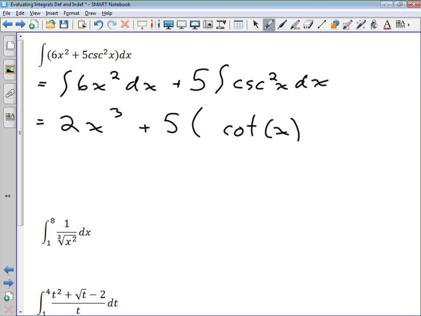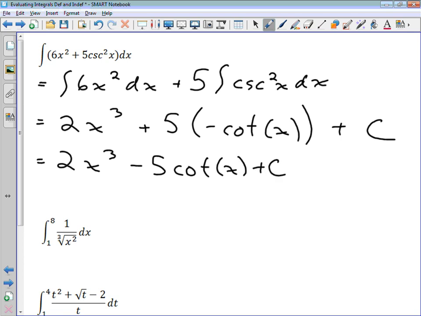Because the derivative of cotangent is going to be negative cosecant squared, we need a negative sign out front to change it. And because this is an indefinite integral, we need our integration constant c on the end there. Then all we can do is clean this up a bit: 5 cotangent x plus c.